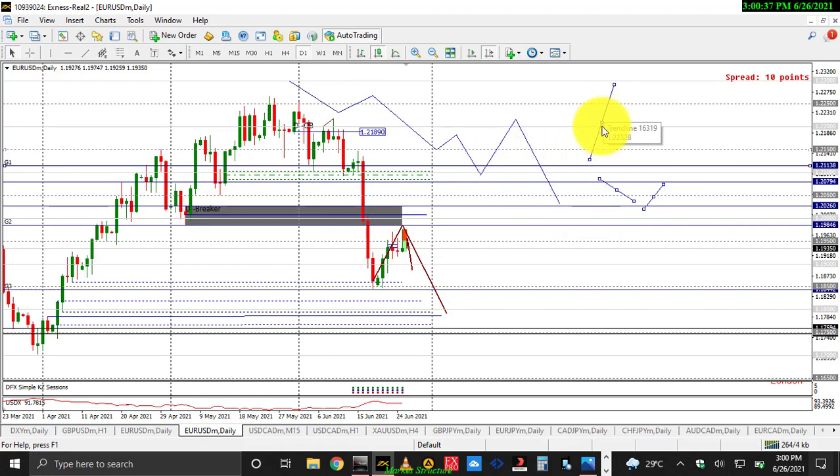And when we have our pullback, as I said, anytime a low or a high is taken out, you should expect a pullback to about 50% of the range. When we have our pullback about 50% of the range, which is around this area. So let me see.